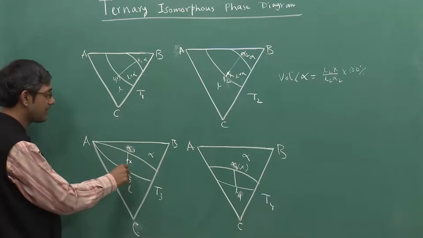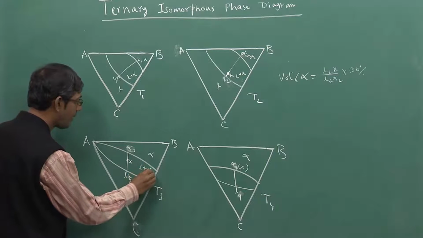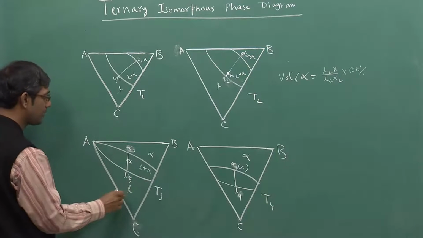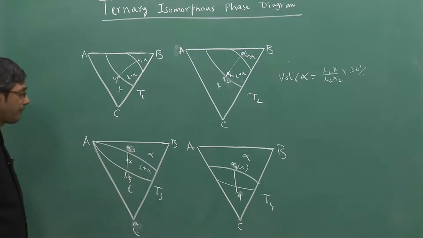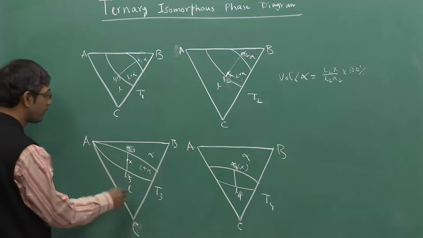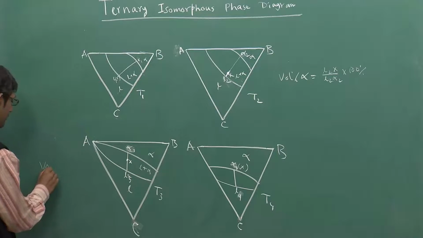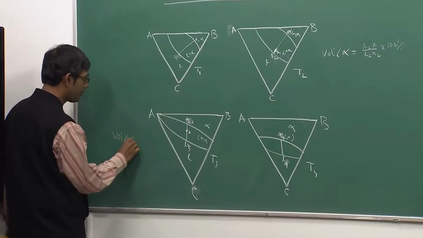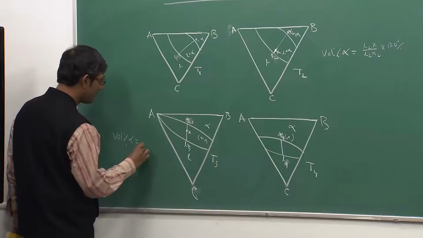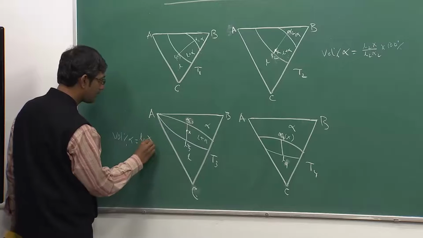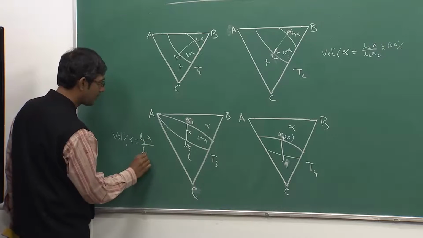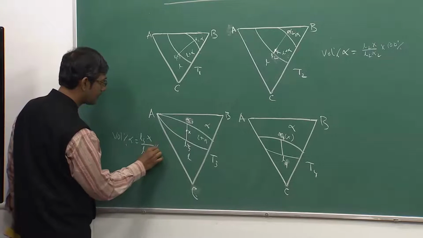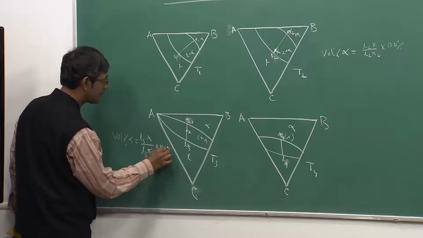X is quite inside the alpha plus liquid zone, and there are 3 zones: liquid, alpha plus liquid, and alpha. Again I can calculate the volume fraction of alpha, which is L3x divided by L3 alpha 3 into 100, correct.